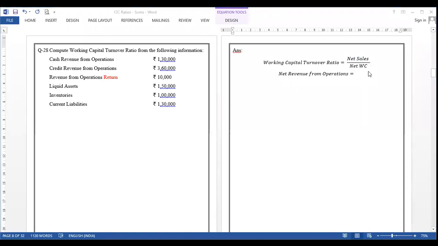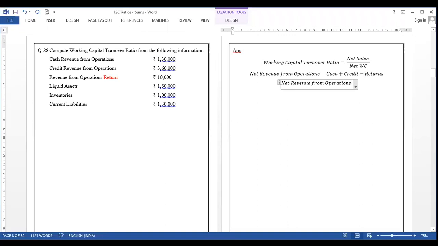Cash sales plus credit sales minus revenue from operations return. I'm writing it in short: cash plus credit minus returns. So it's cash revenue from operations plus credit revenue from operations minus revenue from operations return to get the net revenue from operations.